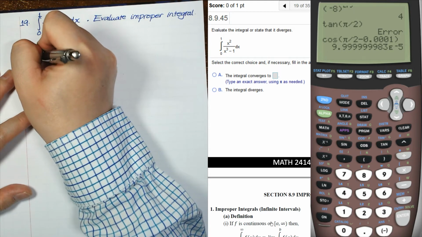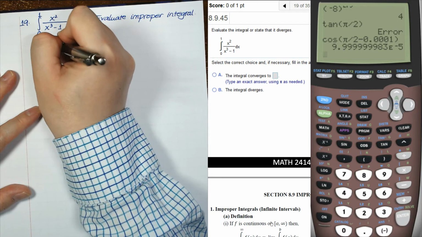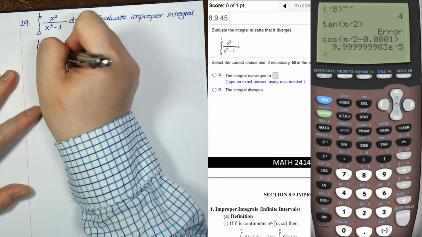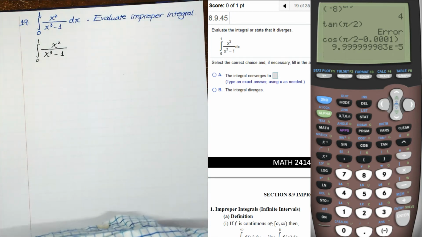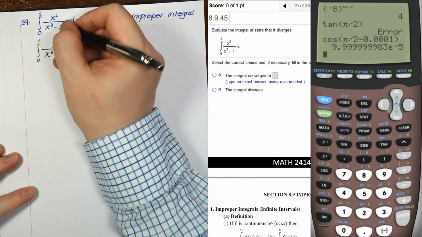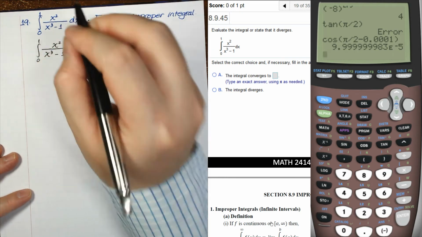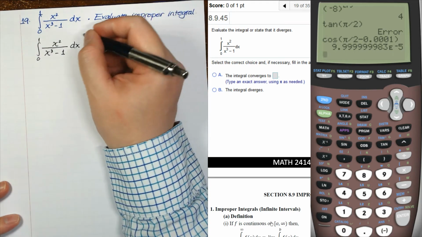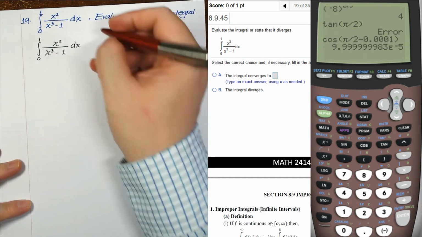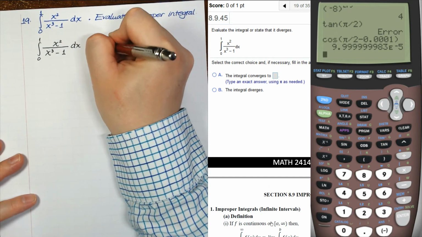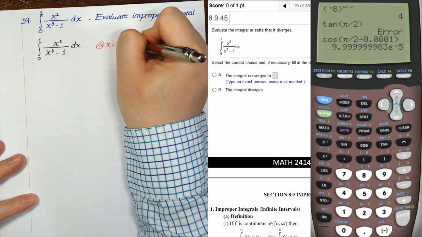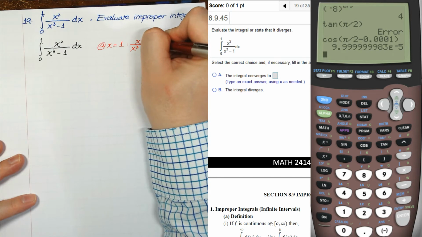So what's wrong with that integral? Right, the function itself, the limit 0 and 1, there's no problem with it. Now we try to put 0 and 1 in and see what happened. And obviously if we put 1 in, this is the big problem. So when x equal to 1, x squared over x cubed minus 1 is undefined.